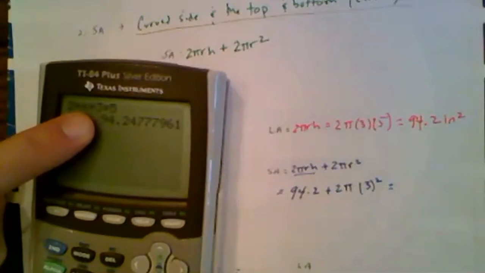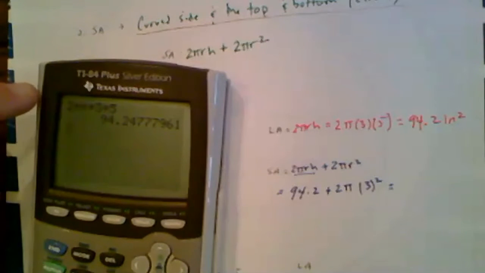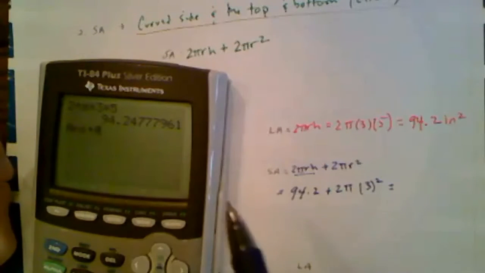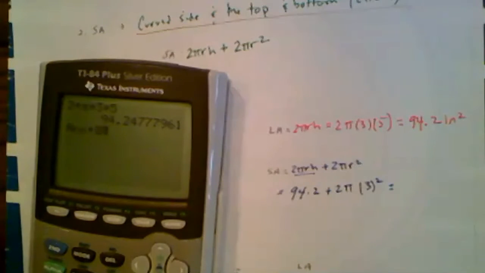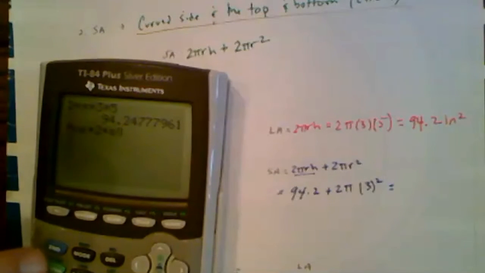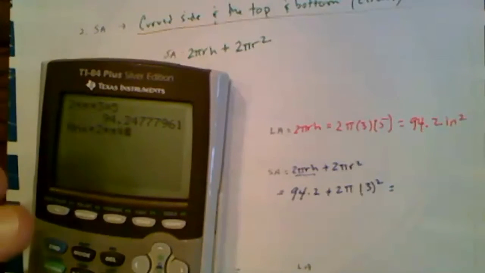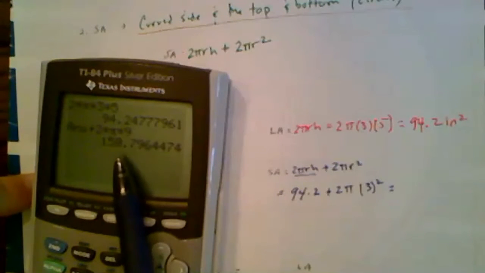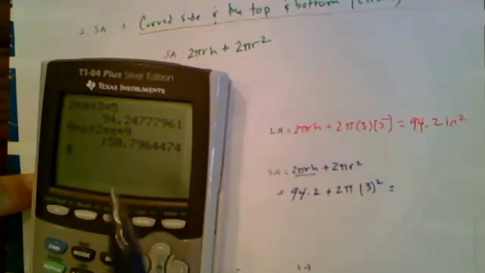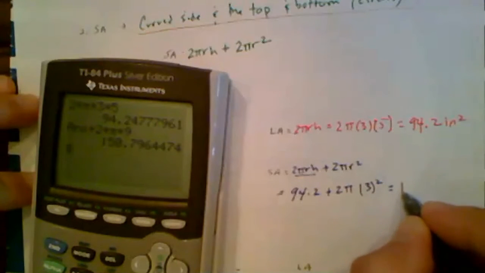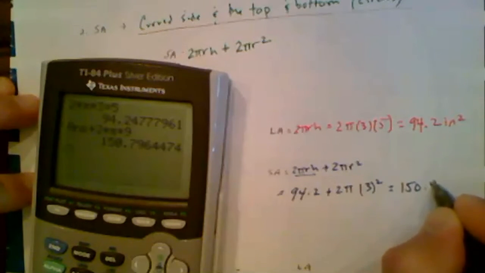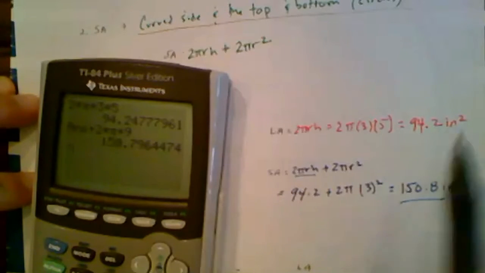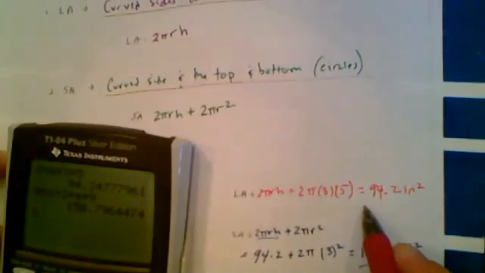Remember, if I just hit the plus button, it's going to take whatever was in the previous line and add on to it. That's what ANS means. So then I'm going to do plus 2 times pi times 9, which is 3 squared. And so that gives me 150.7, but there's a 9 behind it, so I have to go up to 8. So 150.8 inches squared. And your surface area should always be bigger than your lateral area, just so you know.